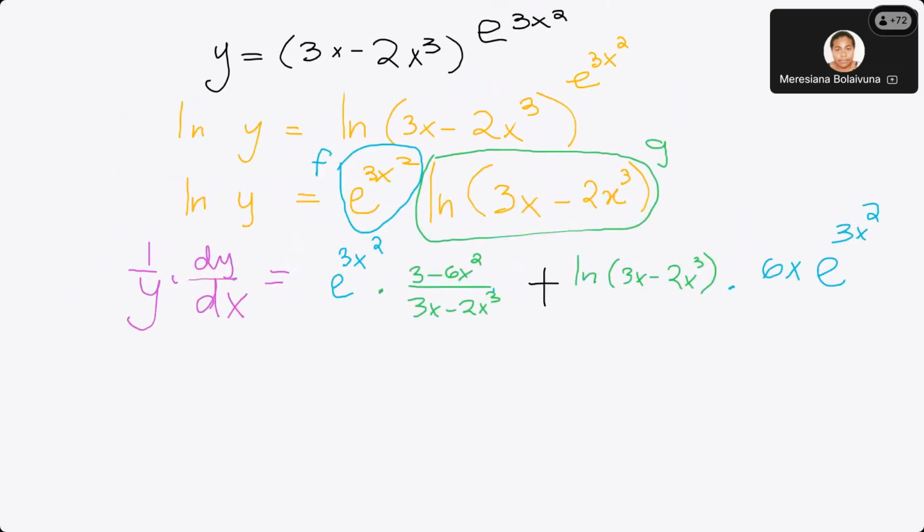So now we simplify and we make dy dx the subject.